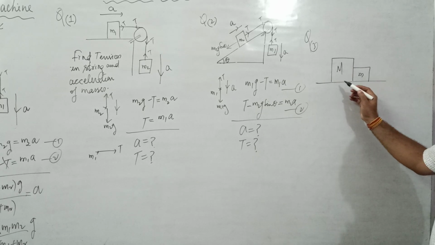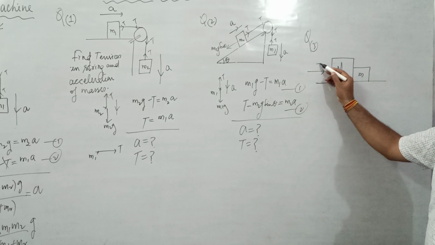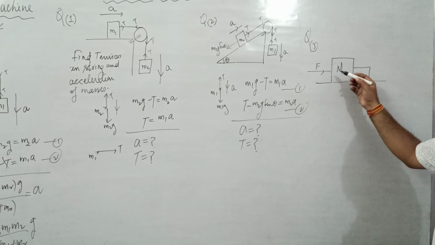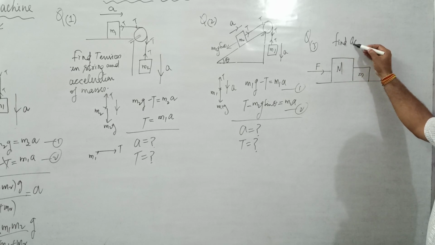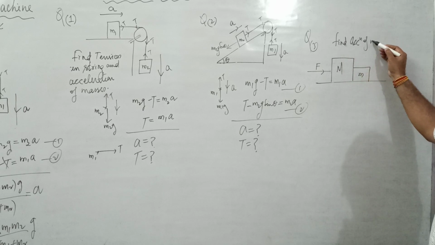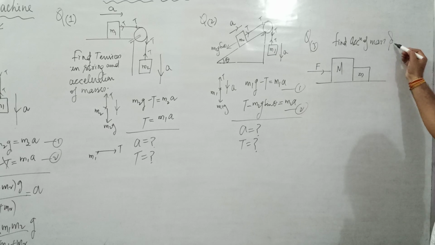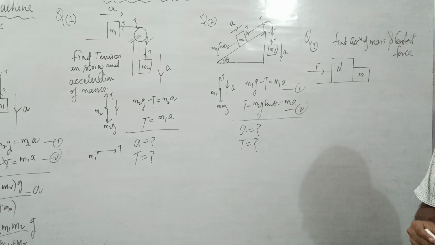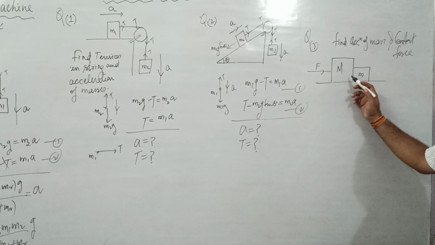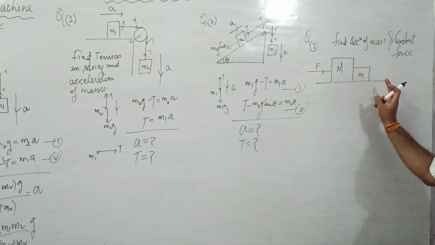The question is, if we apply force F as shown in the diagram, find the acceleration of the masses and the contact force. What is contact force? Contact force is the force which exists in between two blocks.